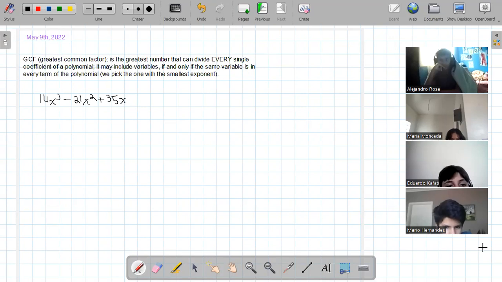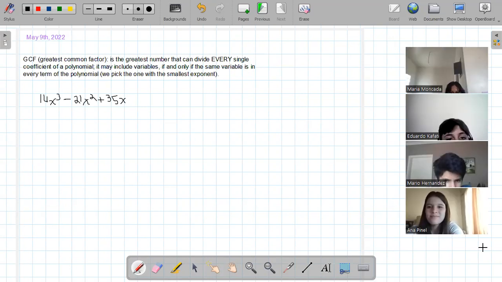Sometimes it's just going to be a variable. Sometimes it is a variable with exponent, and sometimes it's the product between a coefficient and a variable. And the variable may or may not have exponents. Just be careful that we're going to look for the greatest number that can divide every single coefficient. And we're going to pick the variable that has the smallest exponent if and only if it is repeated in every single term.